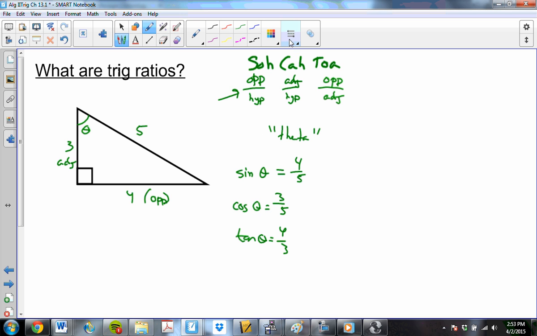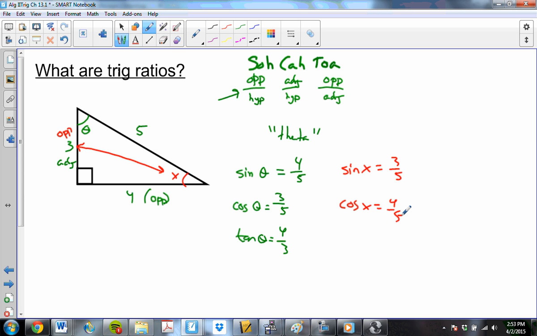If I made theta this angle here, in this case I'll just call it x, because why not? Well, now the sine of x, which is still opposite over hypotenuse, this is now the opposite, because this 3 is on the opposite side of this x. So sine of x is now 3 over 5, and cosine of x is adjacent over hypotenuse, and it's 4 over 5.